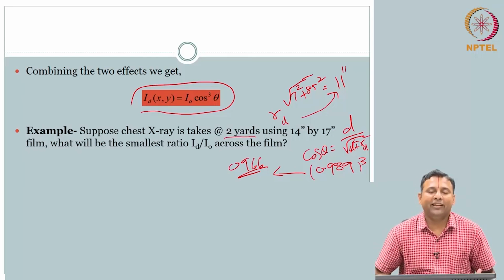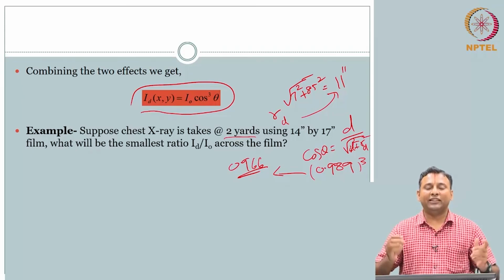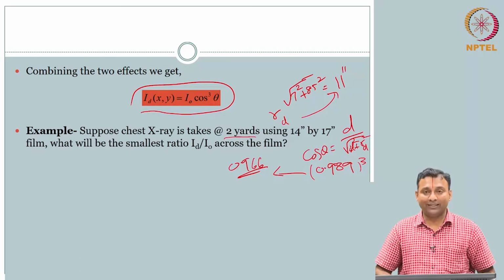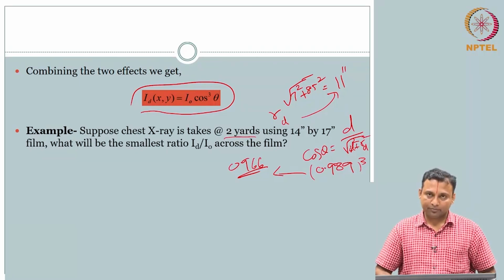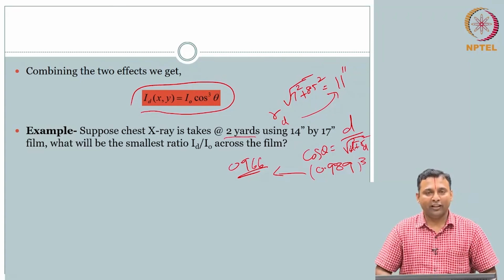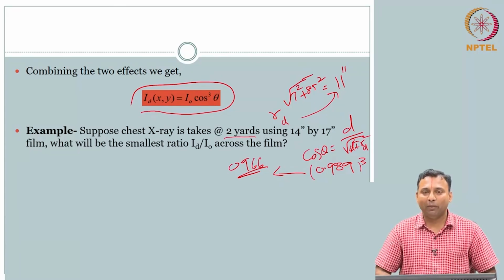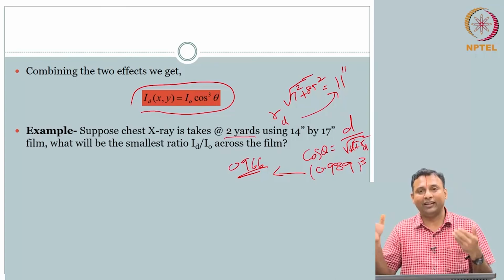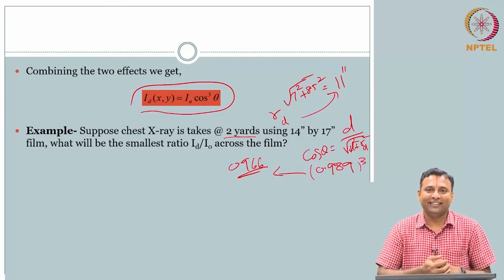Well, it depends: if this is the only contributor, then we will have to see how best we can reduce this 3%. Or as we add on other effects, if there are more dominant ones, maybe we want to address those, and in relation to that, this is just 3%.